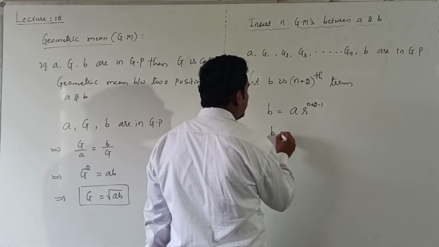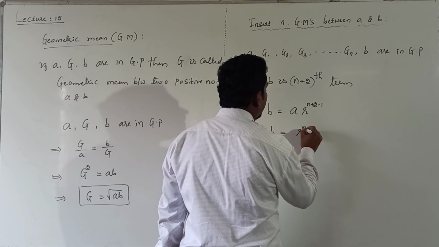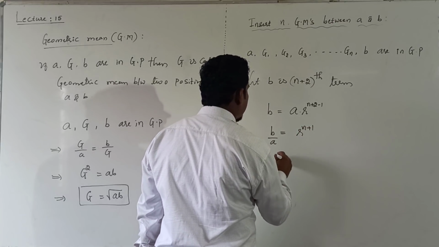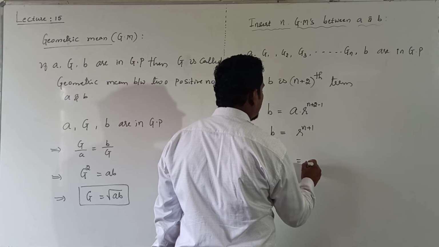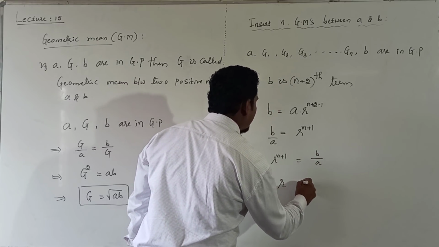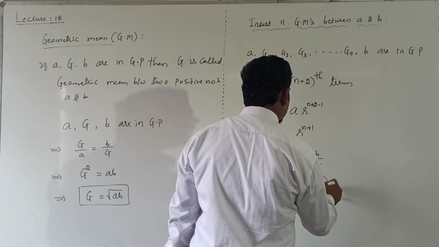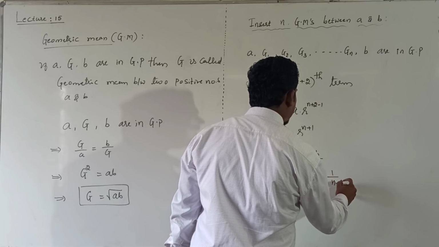Then b by a equals r power n plus 1. Then r power n plus 1 equals b by a. We need the r value. R is equal to b by a whole thing power 1 divided by n plus 1.